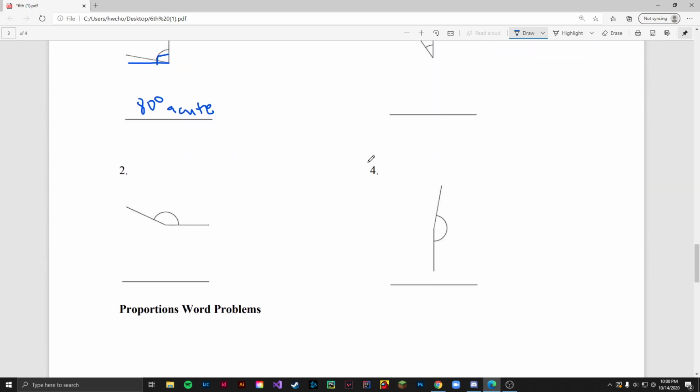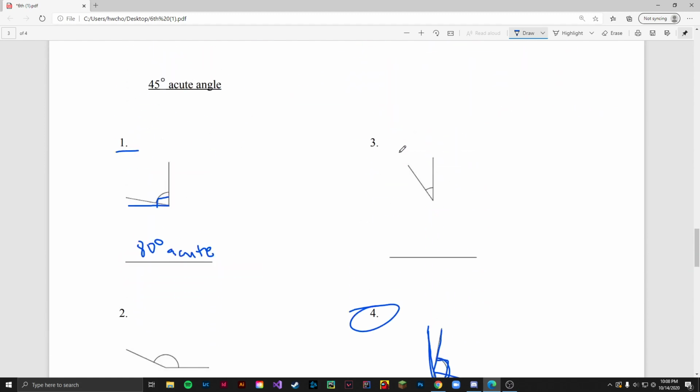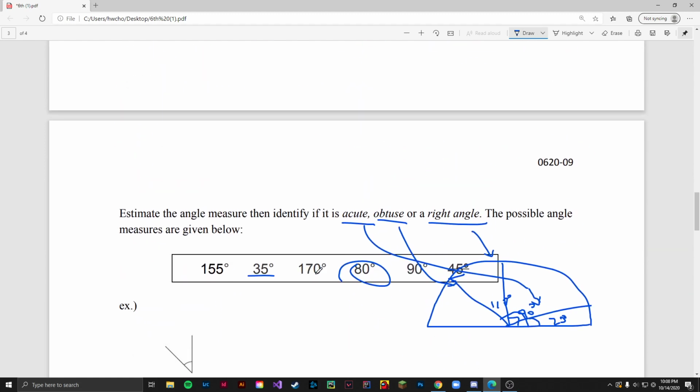Let's just go over this one. This one looks weird because it's flipped vertically. But what doesn't change is that this is the angle. And honestly, we can just draw the 90 degrees right here for comparison. Wow, it's almost double the size. It's almost a straight line, you know? So, let's check it out. What does that look like? Either 170 or 155.